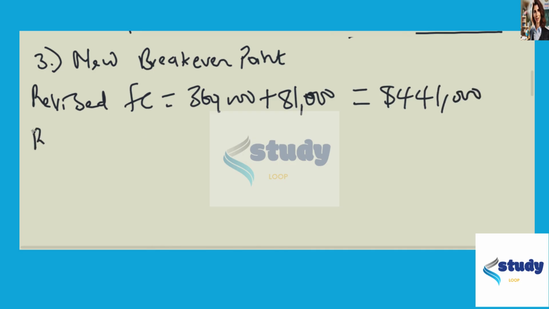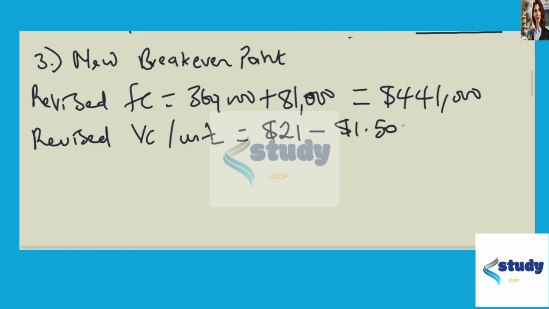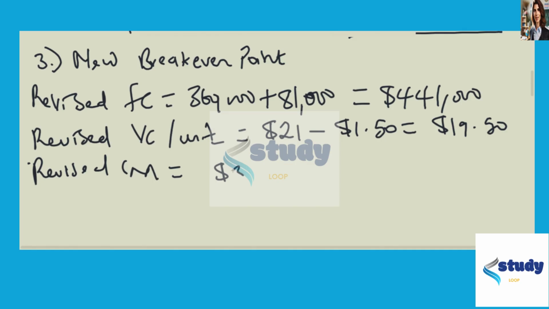And then the revised variable cost per unit will be $21, which it was before, minus 1.50, and this gives you $19.50. Now the revised contribution margin will be equal to $30 that it was, minus 19.50, right, from here, and then this will give you $10.50.